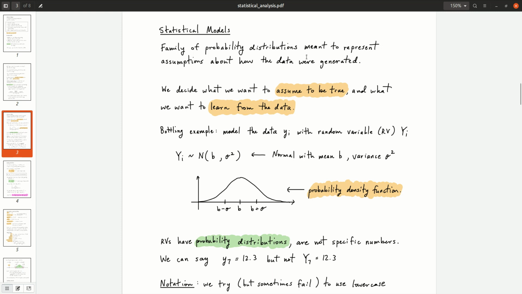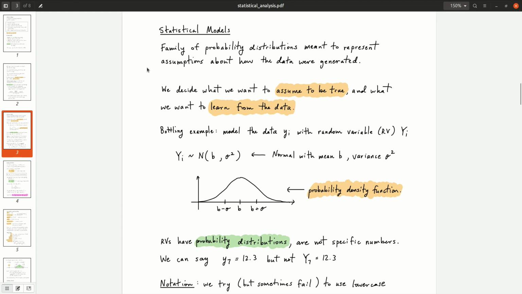The second part is that it's meant to represent assumptions about how the data were generated. So when we write down a statistical model, we are explicitly saying what we're assuming about our analysis. We're assuming that it's normal, for example.